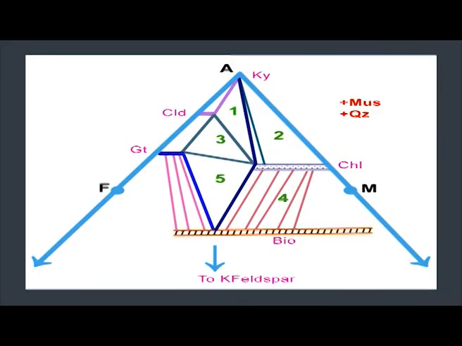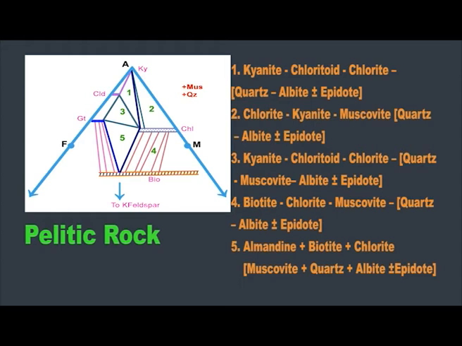On the basis of ACF, AKF and AFM diagrams, we can recognize the following assemblages. Pelitic rocks. Number 1, kyanite, chloritoid, chlorite with quartz, albite plus minus epidote. Number 2, chlorite, kyanite, muscovite with quartz, albite plus minus epidote.